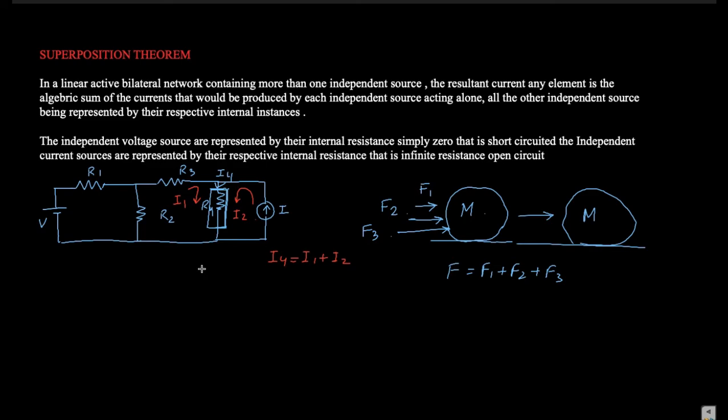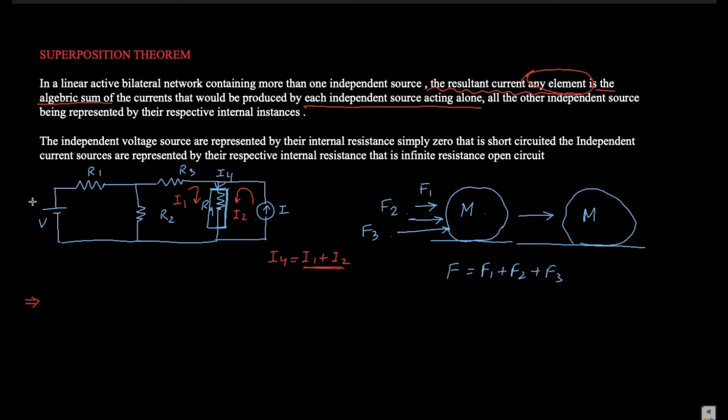So what should we do, or what are the steps? Each independent source acts alone, and the resultant current in any element, here R4, is the algebraic sum of the currents that would be produced by each independent source acting alone.